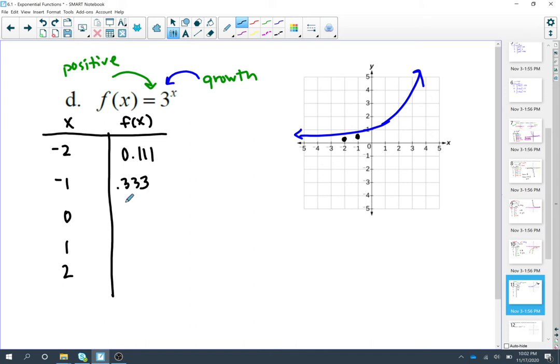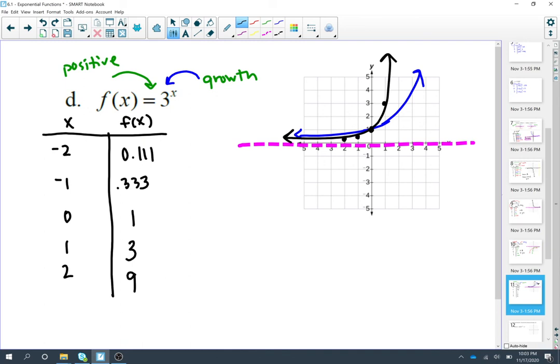Substitute in 0, you get 1. Substitute in 1, you get 3. Substitute in 2, you get 9, which goes pretty far off our graph. And then consider this guy looks to be approaching 0 still. And he's going to go something like that.